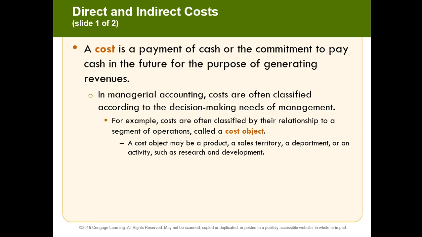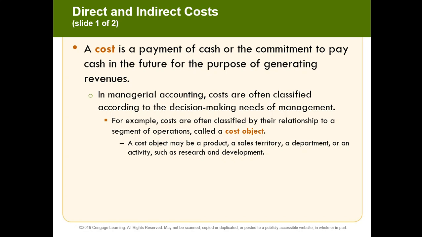So we're going to be talking a lot about cost and trying to understand the cost of these products. In financial accounting, we looked at a merchandiser, and they would basically just buy their inventory already done. They knew exactly how much it cost them. They would put their markup on it, put it on the sales floor. In managerial accounting, we aren't buying our inventory, we're building it, and a lot goes into building that inventory.